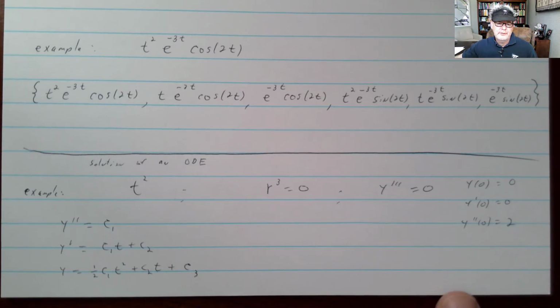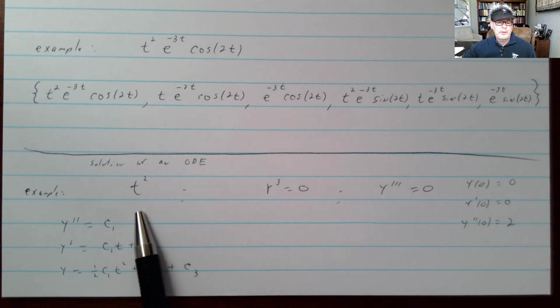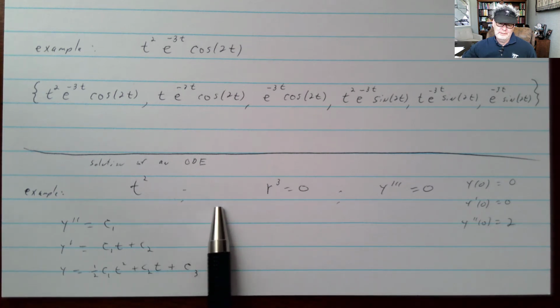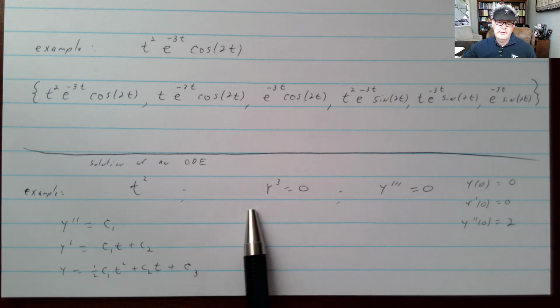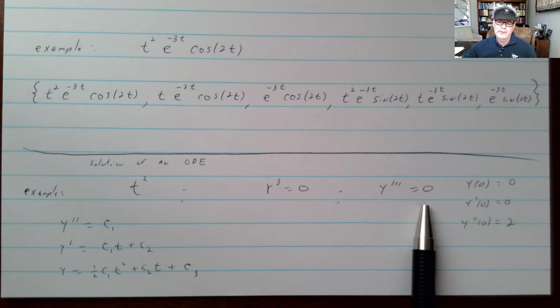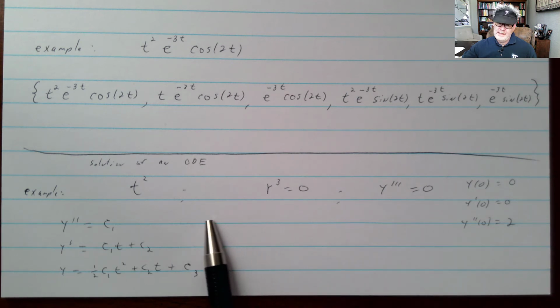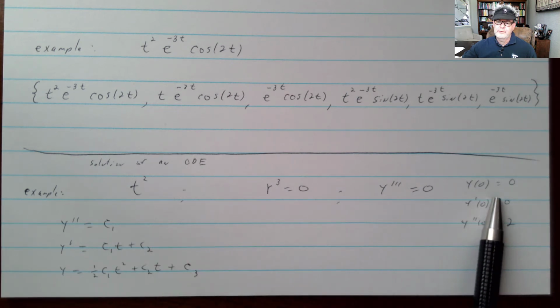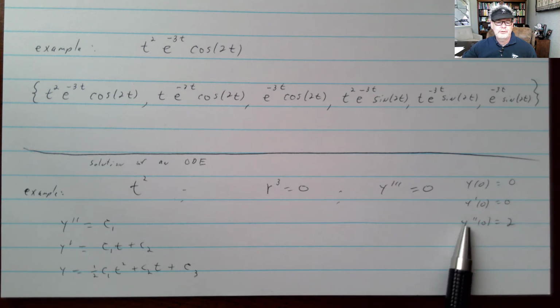So as a trivial example, for t squared, that would be like, it's a little tricky, but it's like r cubed equals 0 or y triple prime equals 0. And then, well, if I wanted exactly t squared, it would have to satisfy those three initial conditions. You can double check.